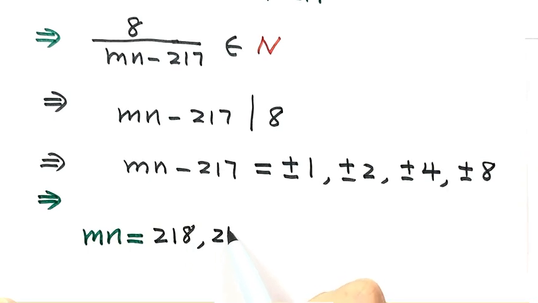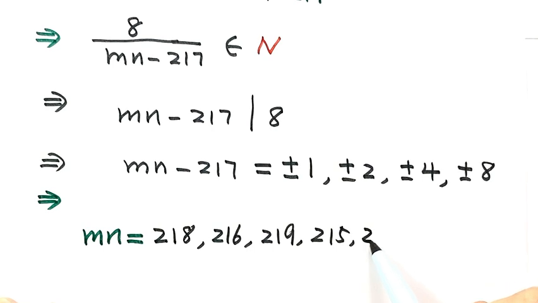Next one, 216, then 219, 215, 221, 213, then 225, then 209.